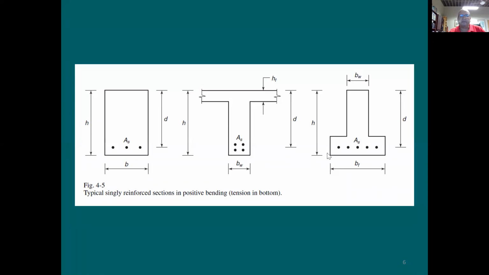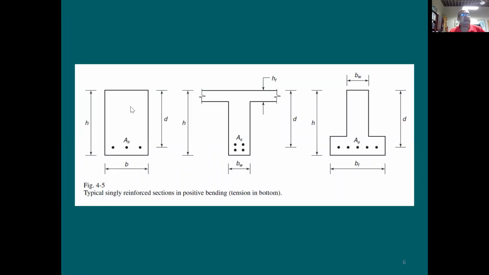Edge, top, all the way to the bottom. So in all of the three cases, I have positive moment. Positive moment means that you have compression at the top and tension at the bottom. Your neutral axis is going to be almost here, somewhere here.